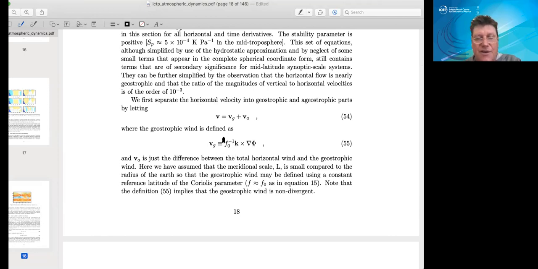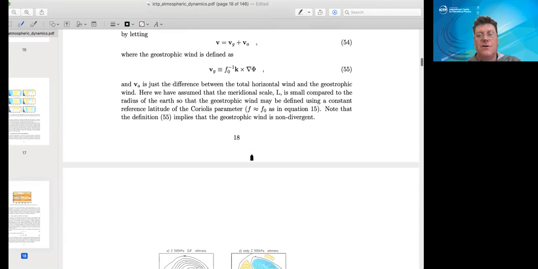Otherwise, if we use a Coriolis parameter that changes with latitude, this geostrophic wind would have a divergent part too. So in order to distinguish divergent and non-divergent winds as geostrophic and ageostrophic winds, it is more convenient to define the geostrophic wind this way with a constant Coriolis parameter.